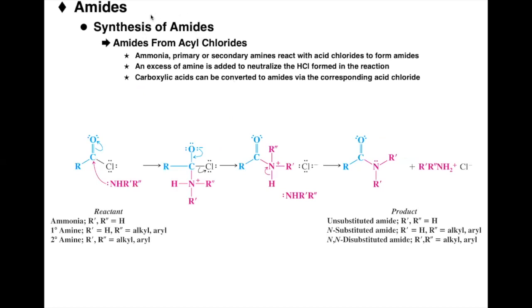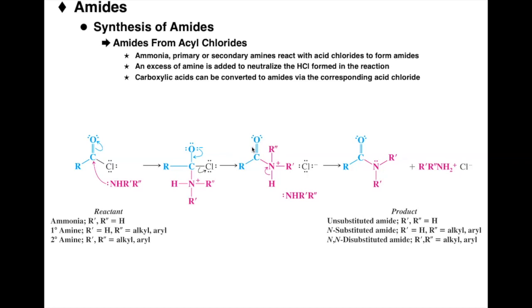Next, amides. Synthesis of amides can be done by reacting amine with acyl chloride or acyl halide. Okay, so this is again a simple nucleophilic attack on the carbonyl carbon. The double bond becomes a lone pair of oxygen. And then when you regenerate the carbonyl group, we kick out the leaving group.